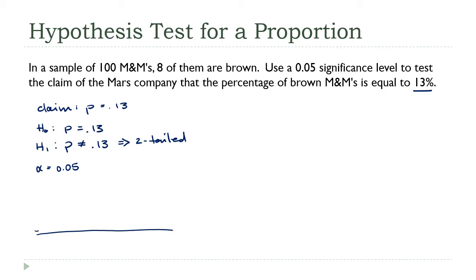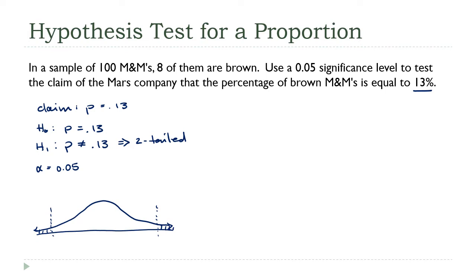You know, I love to draw, get a good picture going here. So we're doing a two-tailed test, so we want the total in both of the tails to be 0.05.